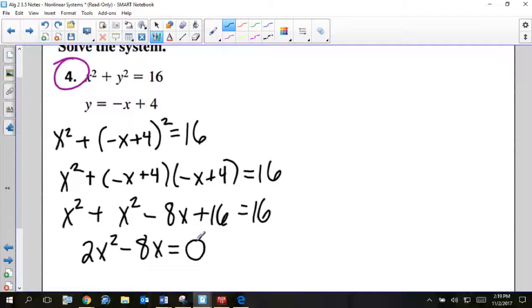But if you took out an x, that shouldn't still be squared. Oh my God.